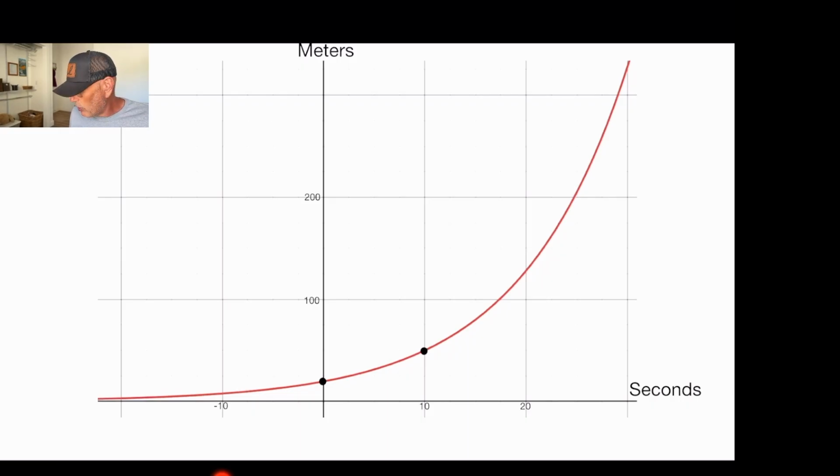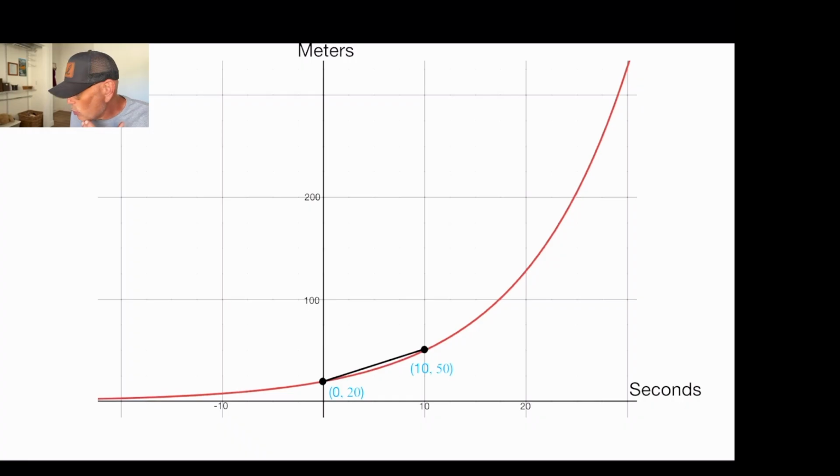My initial point looks like maybe 0, 20, and my final point here would be, let's say 10, 50. Now I would like to connect those 2 points with a line. We call that a secant line. A secant line is a line that intersects a curve at exactly 2 points.